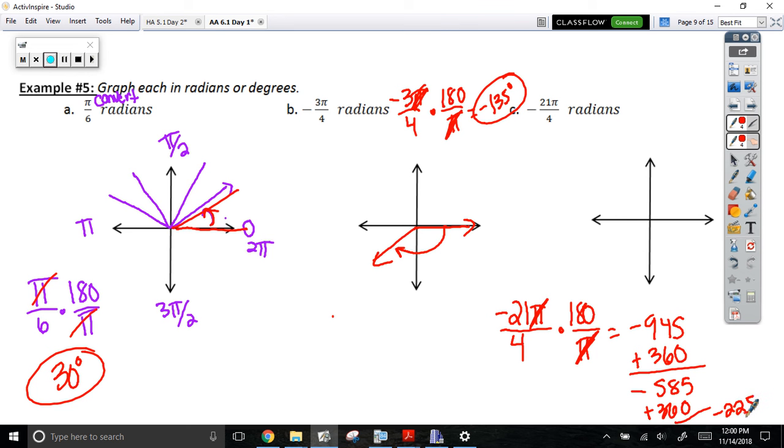You can graph negative 225. But because we added 360 twice, you're actually going to have a spiral going on. So instead of just drawing one arrow to your angle, you're going to have to go around once, around again, and then land on your angle. Now, since it's negative 225 degrees, let's use our negative reference angles. So start at 0, negative 90, negative 180, and negative 270. So negative 225 is going to be somewhere over here in quadrant 2, right?